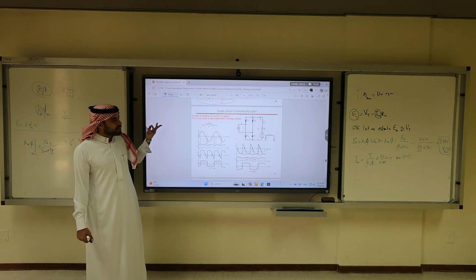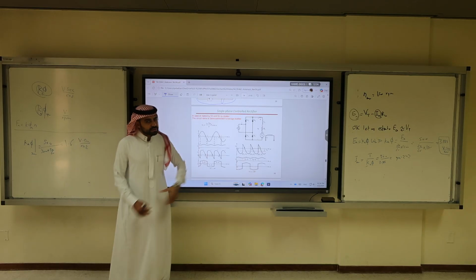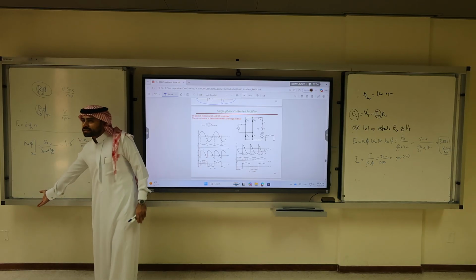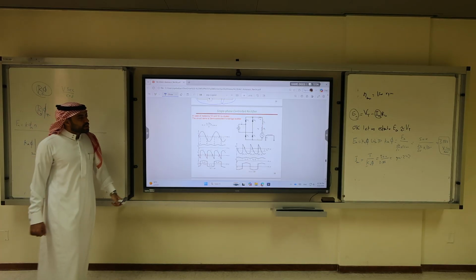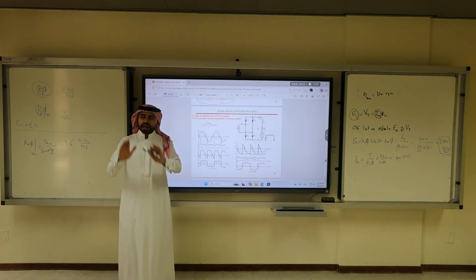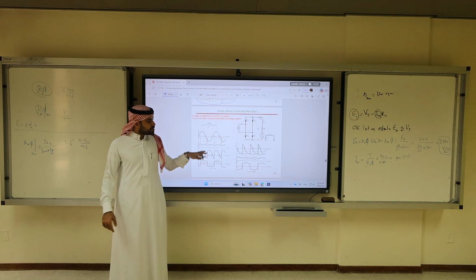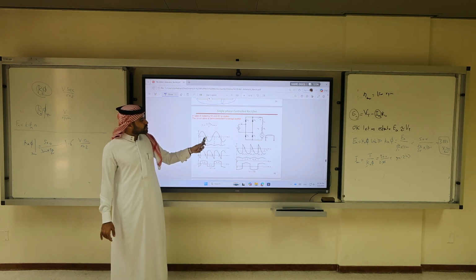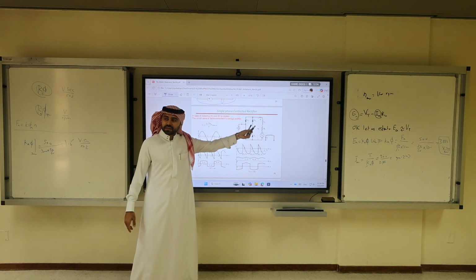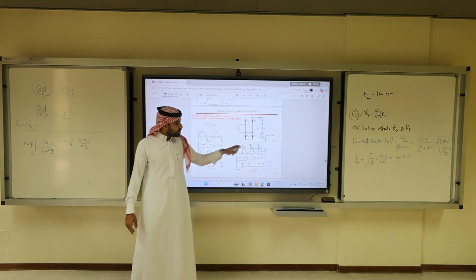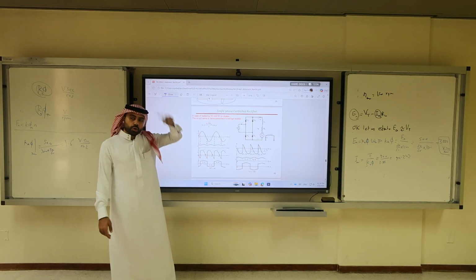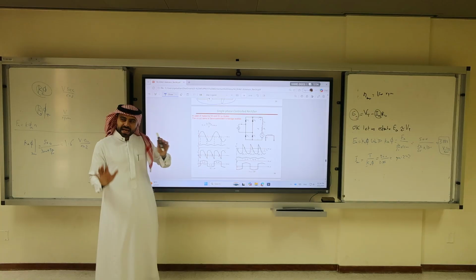How do we do this? If you have a single phase supply, you apply the power electronics. I am not going to ask you to draw the figures, but I may ask you about the circuit itself, the topology. Understand how it works.